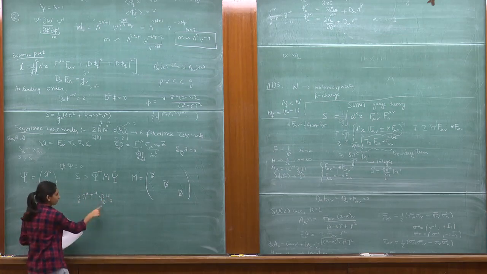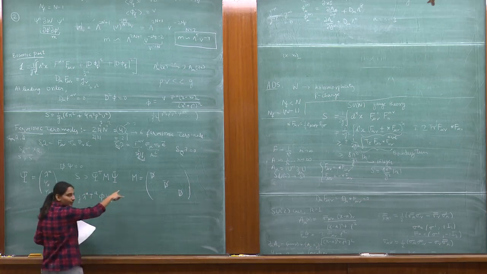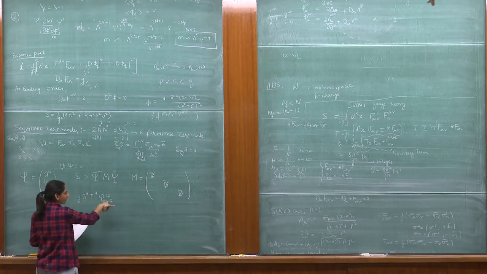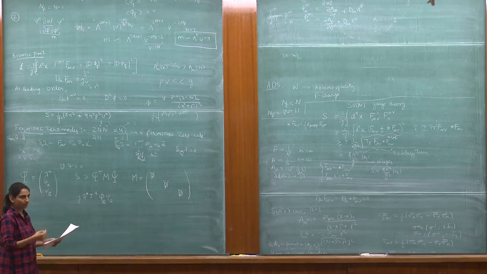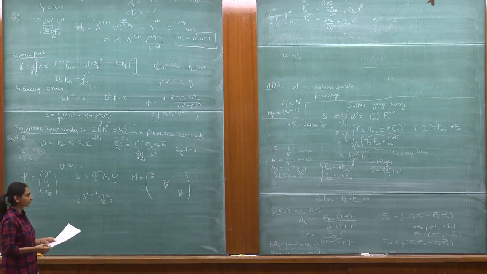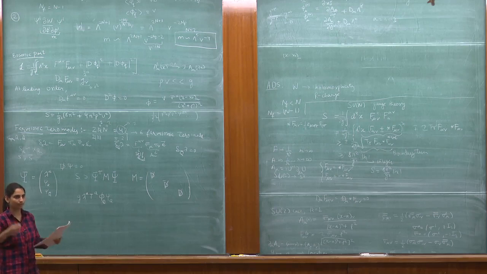So an off-diagonal piece gets generated in this matrix, off-diagonal in lambda and psi. The matrix changes in the presence of this expectation value, and that's why some of the fermion zero modes get lifted, because they no longer satisfy del slash lambda is 0.